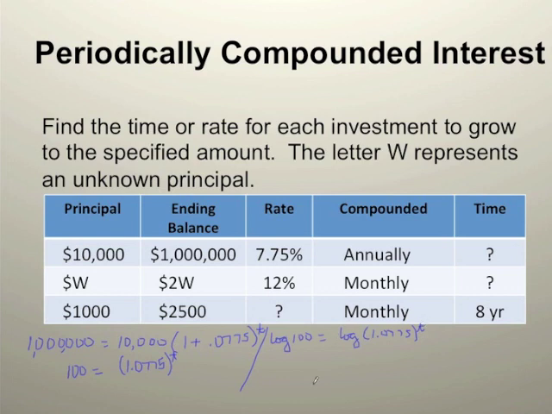We move the t in front, so I'll have t times the log of 1 and 775 10,000ths equals the log of 100. And my exact answer would be t equals the log of 100 divided by the log of 1 and 775 10,000ths. That's my exact answer.